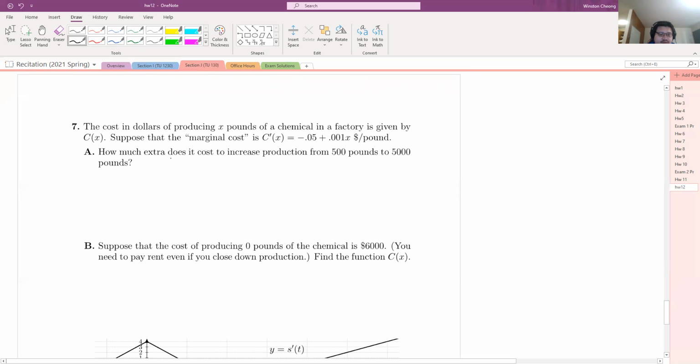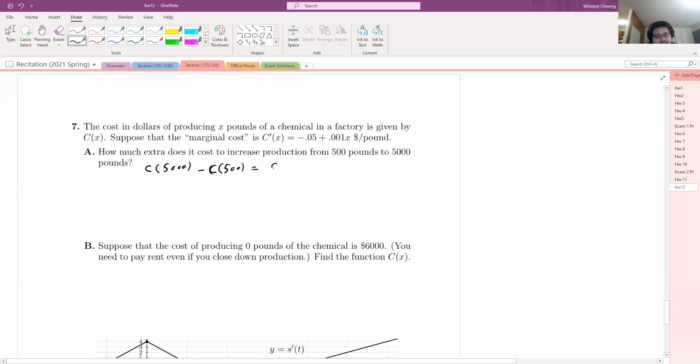The question is asking, how much extra does it cost to increase production from 500 to 5,000 pounds? So the way we would calculate this amount of increase would be by subtracting these two things. We would normally do C of 5,000 minus C of 500.